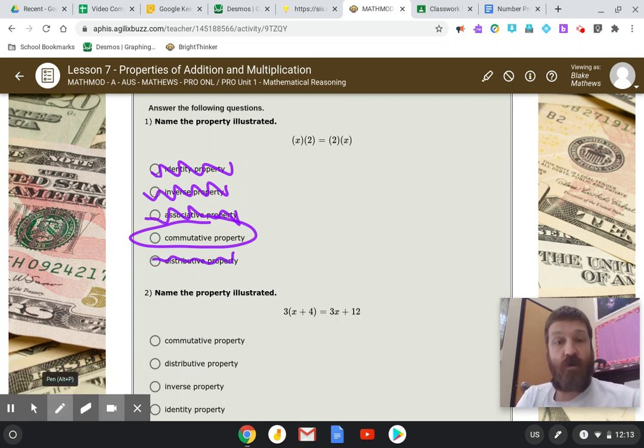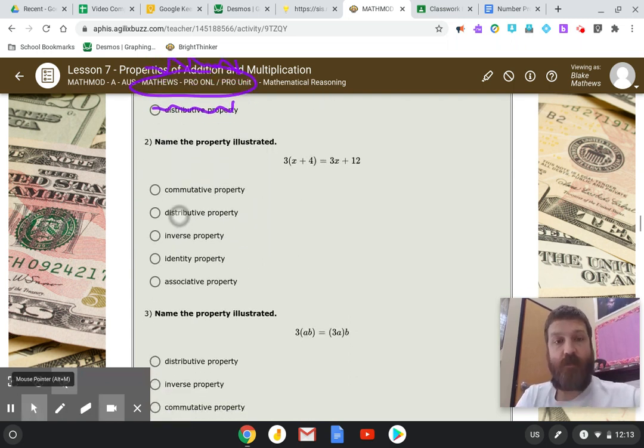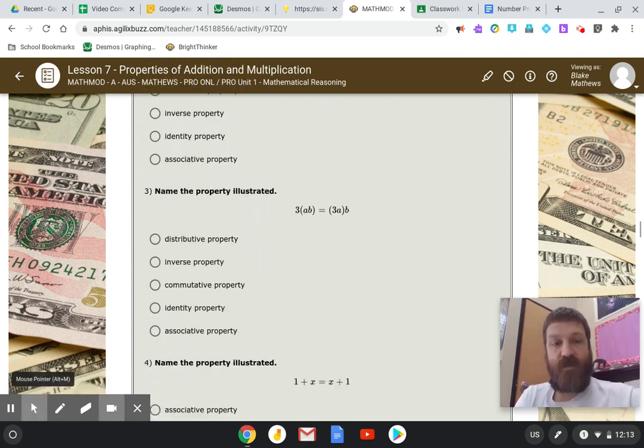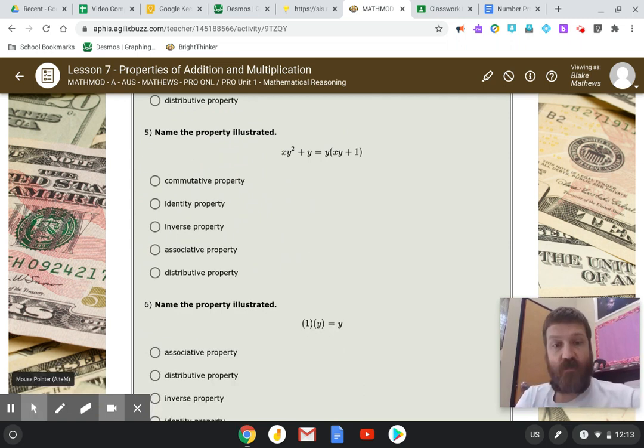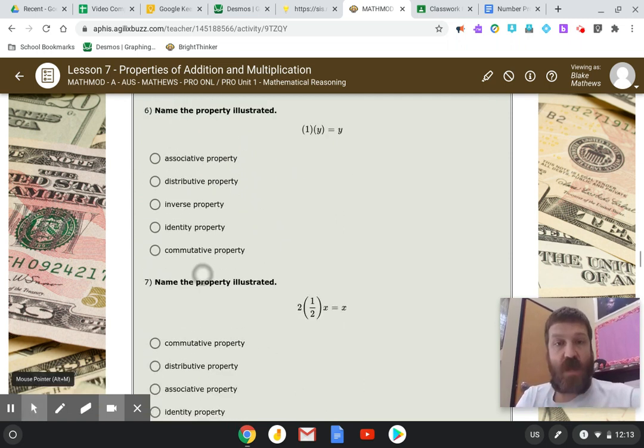So I've just kind of walked you through the process you need to do each time. You need to be looking at the options, and it looks like they give you the same 5 options each time. So you just need to find which one matches. So for instance, let's just look at number 6. 1 times y equals y. Okay, I see a number times 1 equals itself.